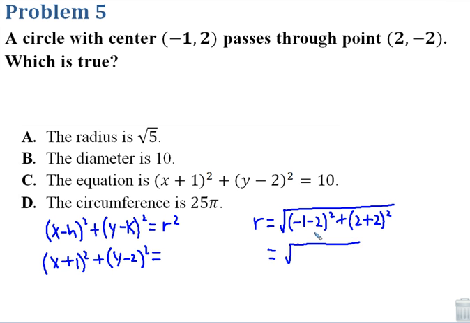That's going to give us square root of -3 squared, which would be 9, plus 2 plus 2 is 4, so 4 squared will be 16. Okay, which is the square root of 25, which is equal to just 5 here.